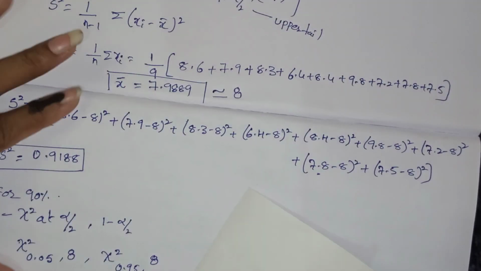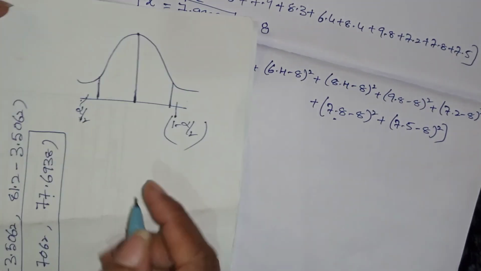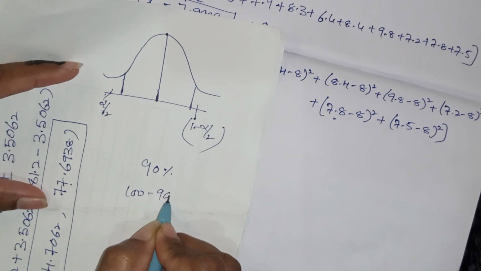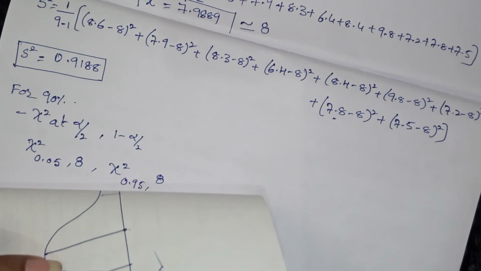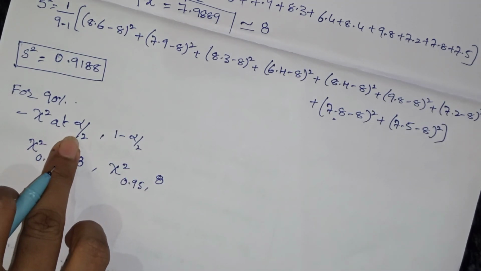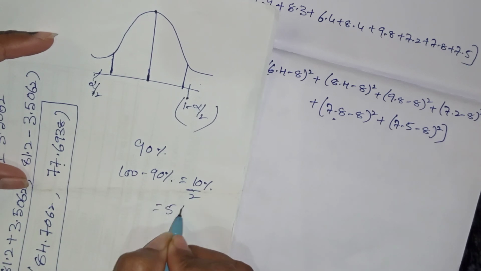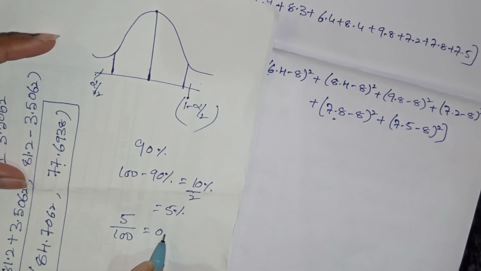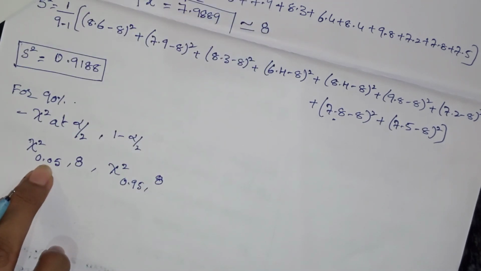See here, 0.05 in the sense 90%. 90% means 100 minus 90% is nothing but 10%. So 10% divided by 2 is 5%, 5 by 100, nothing but 0.05, isn't it? So that's why here we have taken 0.05.